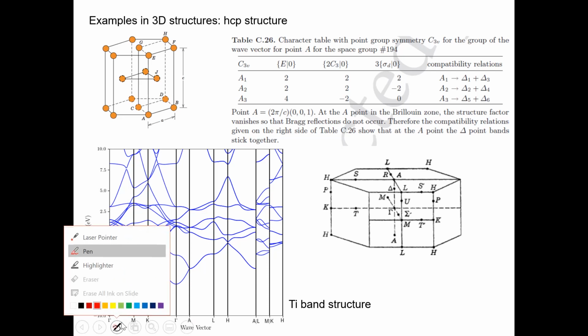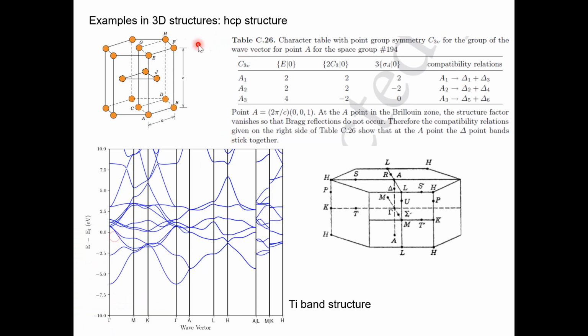This is the HCP structure, the hexagonal close-packed. It's a hexagonal lattice here, and it's not a Bravais lattice. The Bravais lattice is hexagonal, but you have 2 atoms per unit cell. One atom here in this plane, and the other one at this middle plane here. Okay?